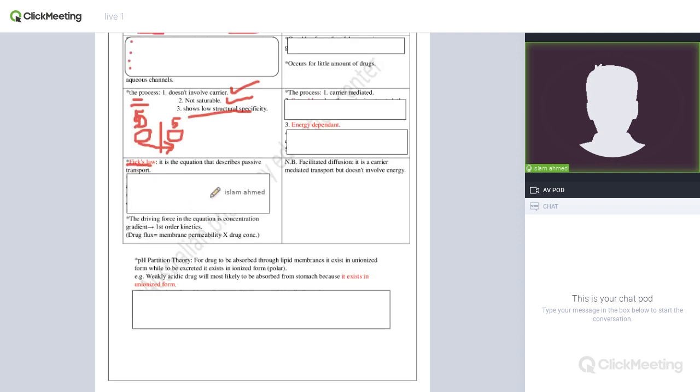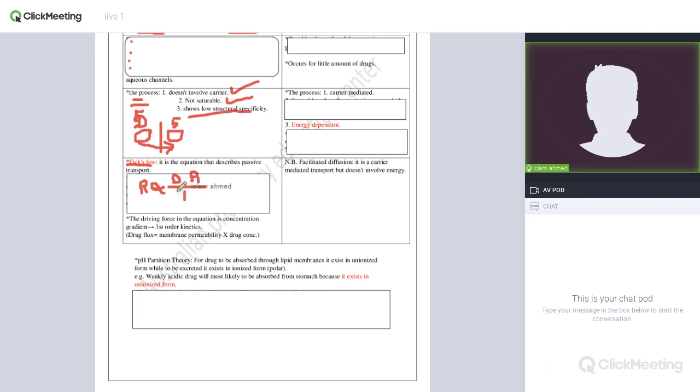What's Fick's law? Fick's law says that the rate of diffusion, which we will represent as R, is directly proportional to the diffusion coefficient, which we will call D, and the surface area, and inversely proportional to the thickness of the membrane.